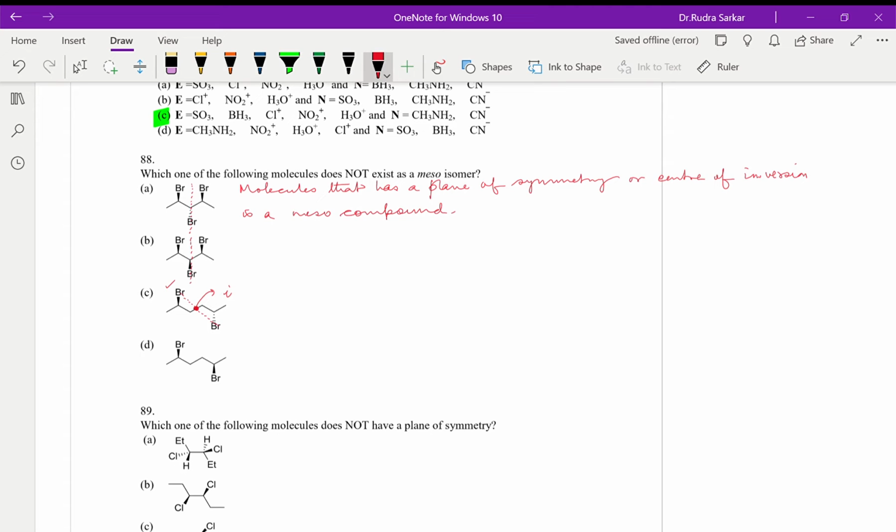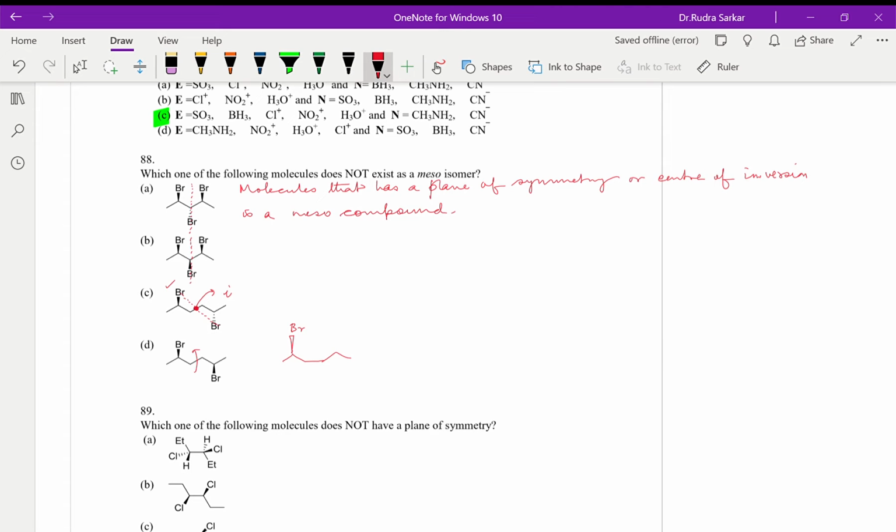we can see it has no plane of symmetry. Because if we rotate the bond like that, then we can generate a structure something like this as I am showing. Just have a look. So this is bromine on the top.